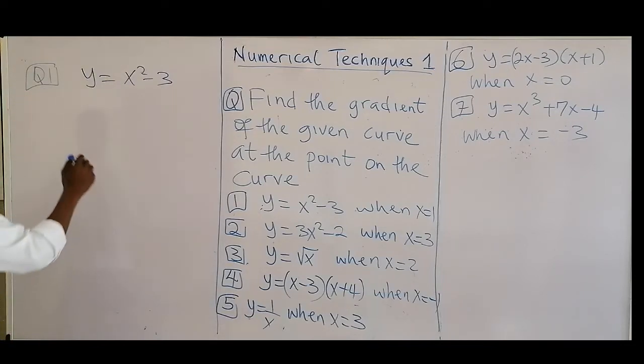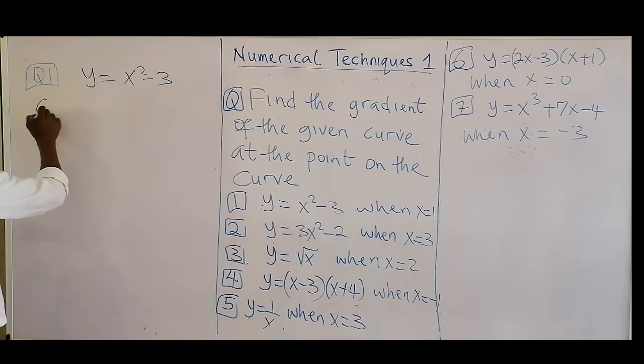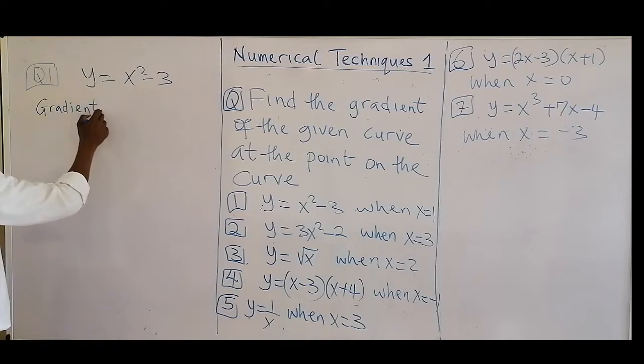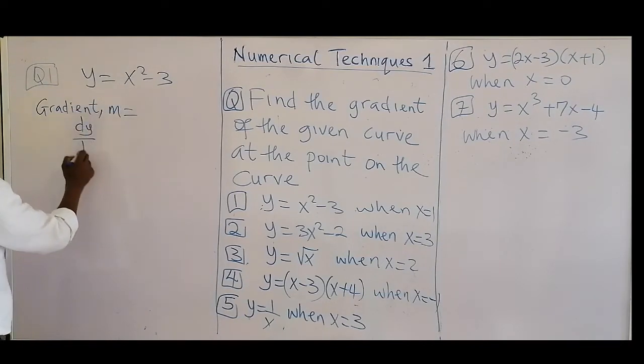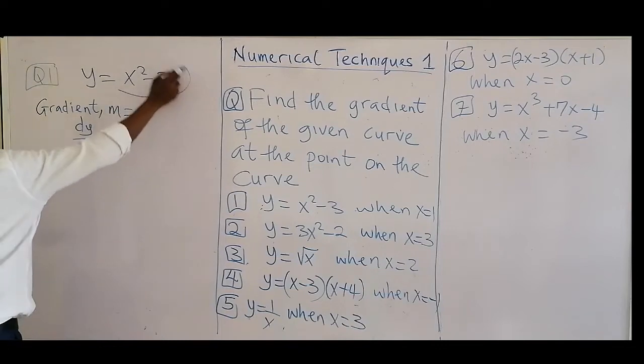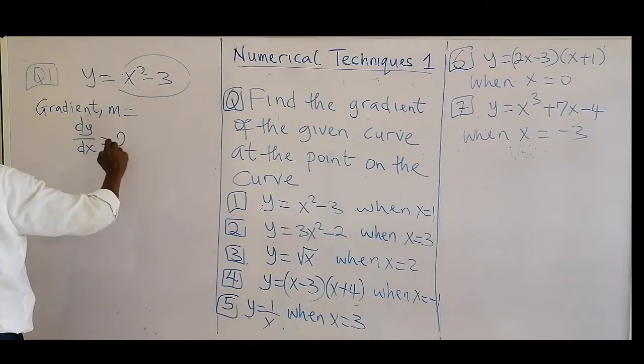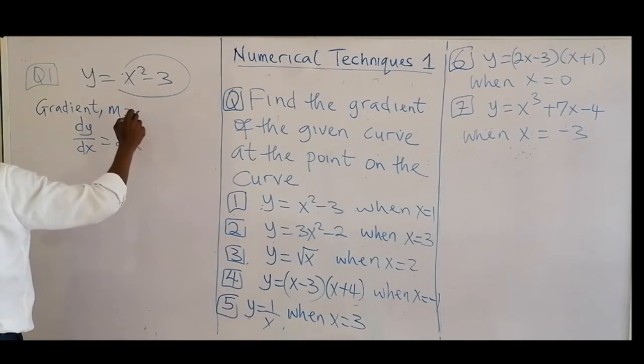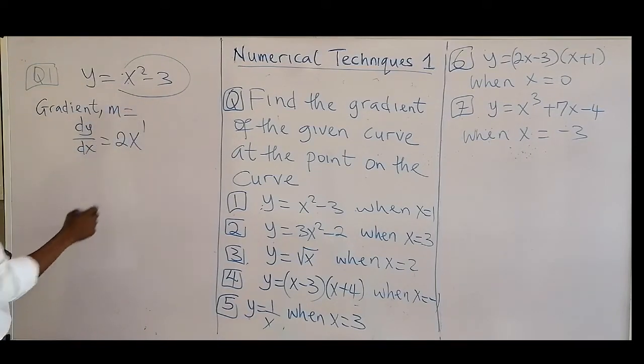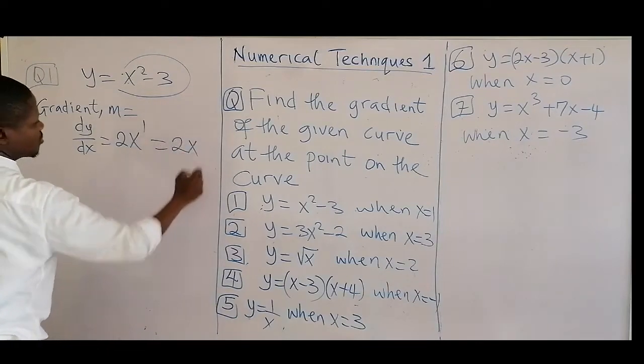So straight away, the gradient, I'm using m, m is equal to dy dx. Differentiate this one. When you differentiate s squared, the 2 will come to the front, and then the power minus 1, and that's 2x.